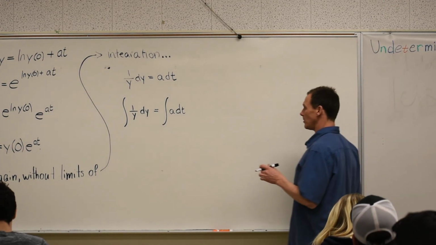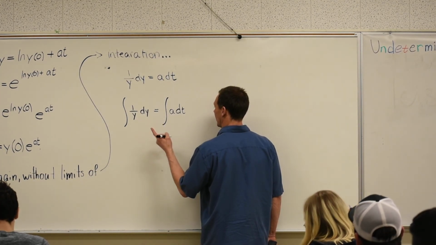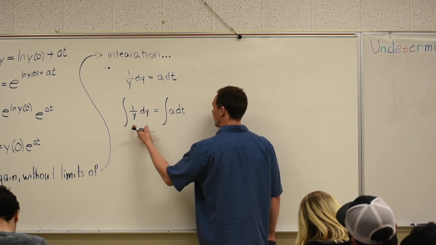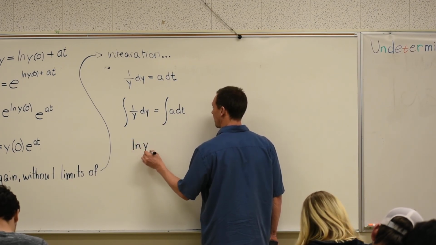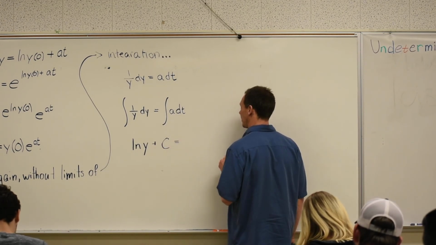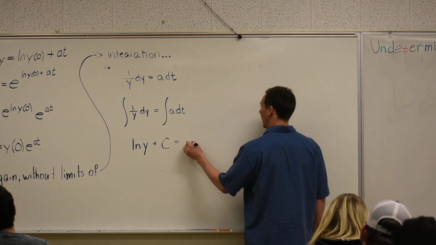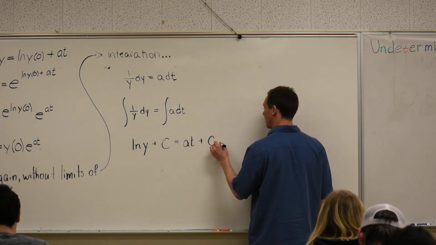So again, we know the answer to this. So what you would normally write is something like this. You'd write, okay, well, the integral of 1 over y is the natural log of y plus some constant equals a t plus some constant.